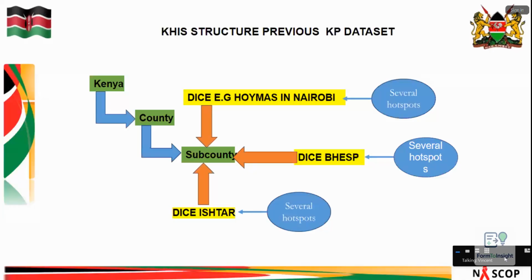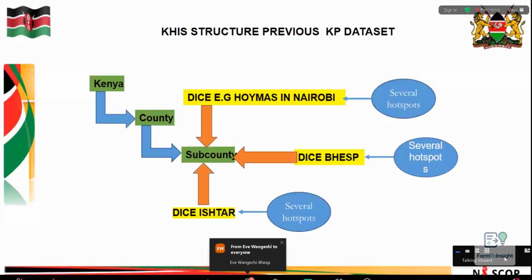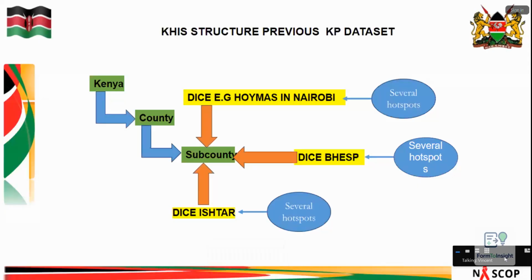So there were a lot of unaccountability issues because even when a county or a sub-county needed to do a DQA in the sub-county, they needed to move to the parent DICE because all these records were kept by the parent DICE, but the services were being provided throughout each model to those sub-counties. So again, commodity accountability became a challenge.